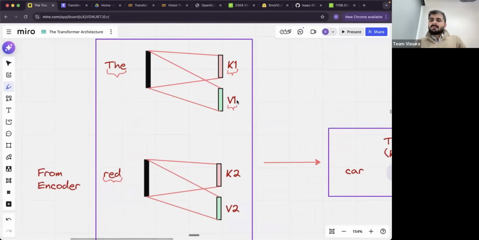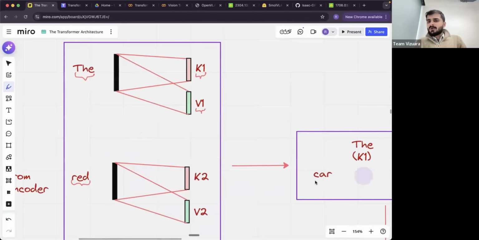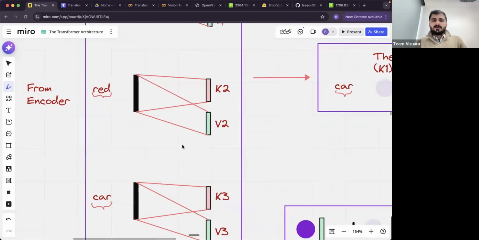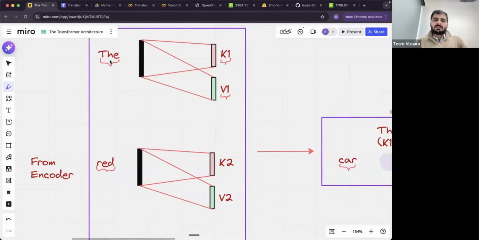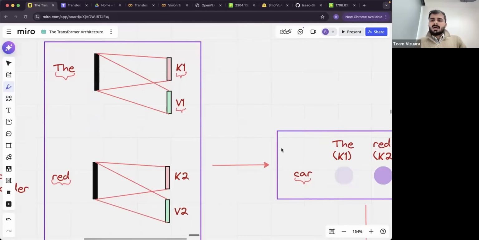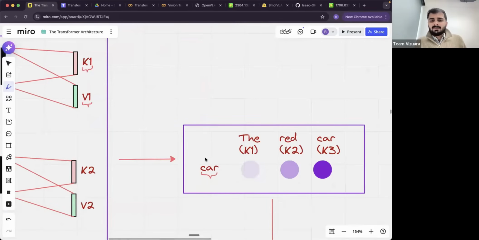Not the query this time, because the query is coming from the decoder side. Only the keys and values are coming from the encoder side. So we calculate the keys and values for all these tokens, which are the BOS, red and car. And this is how the attention matrix looks like. This is the token that we are currently focusing on.